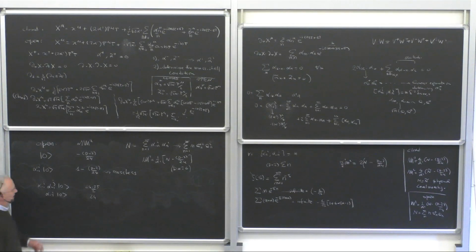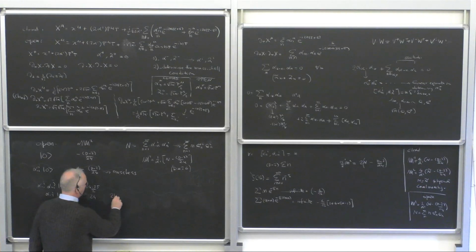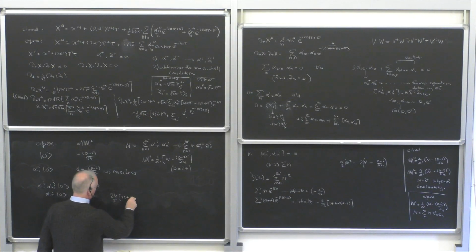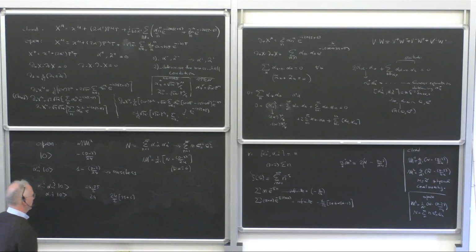If I add them together, I put a 24 as common factor, you get 24 times 25, what is it? Plus 2 over 2. No, it's not good. 24 times 25 over 2. What I must get here is 25 times 26 over 2.